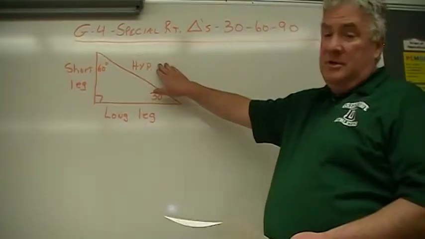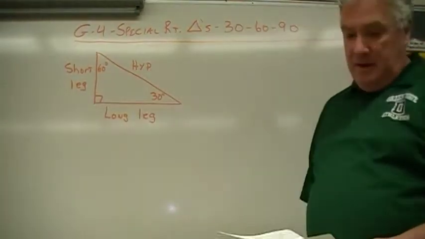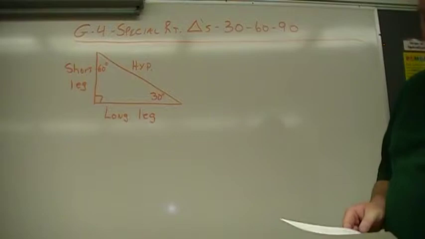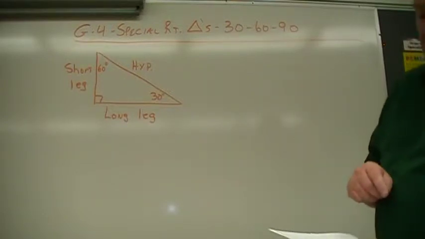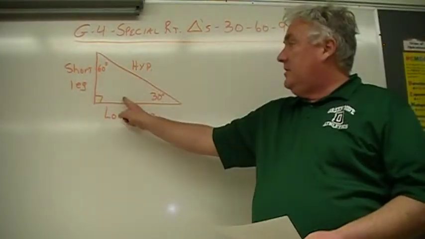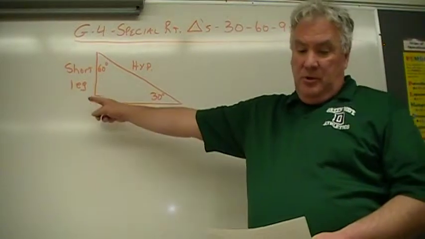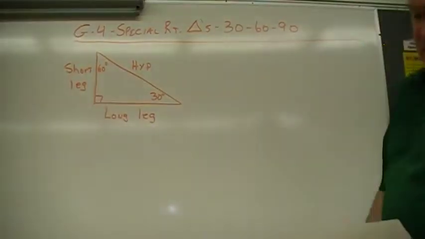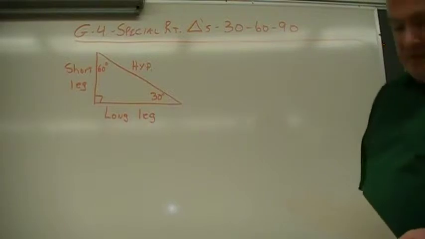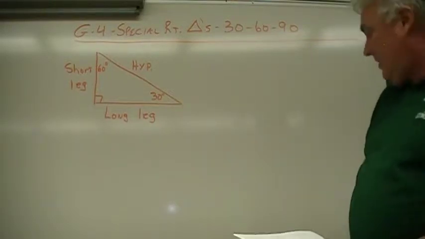The hypotenuse, as usual, is opposite the 90 degrees. So that you can write that into your notes. Longer leg, opposite the 60. Shorter leg, opposite the 30 degrees. Okay? So really some good information there to make sure you have.